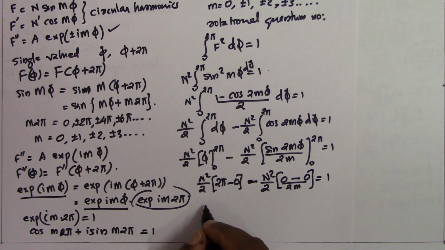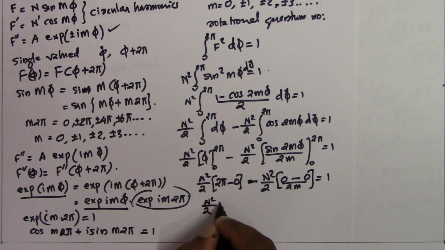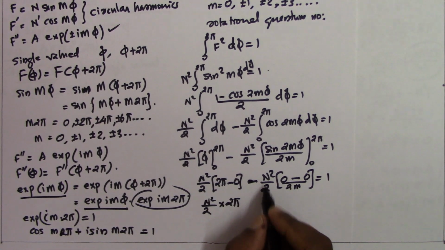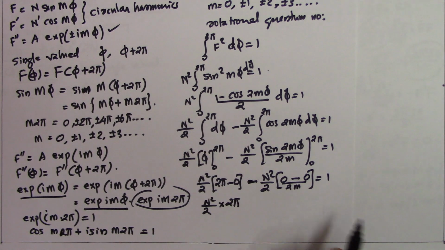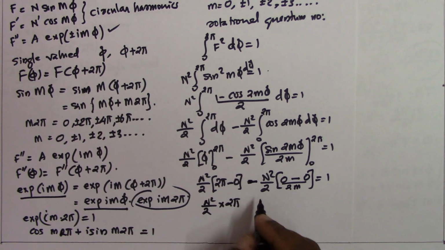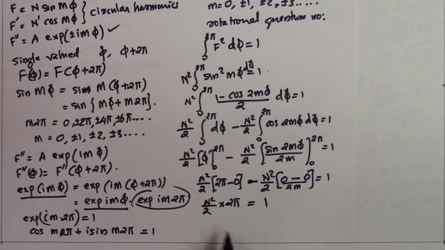It means that N²/2 into 2π minus N²/2 into 0 minus 0, that is 0, so this entire term becomes 0, that is equal to 1. So the 2 and 2 are cancelled. So N² times π is equal to 1, and N² is equal to 1 divided by π, and N is equal to 1 divided by root π.